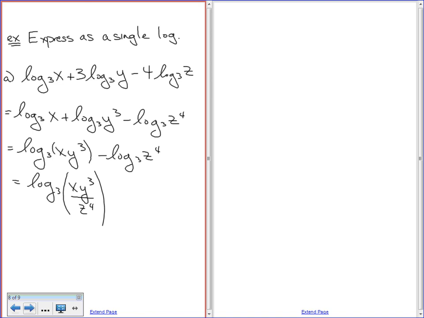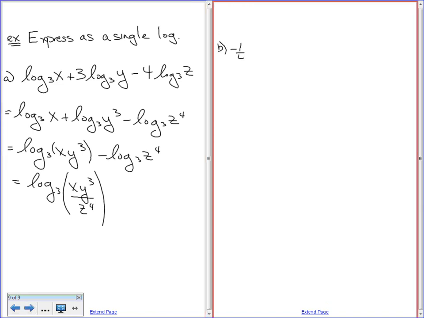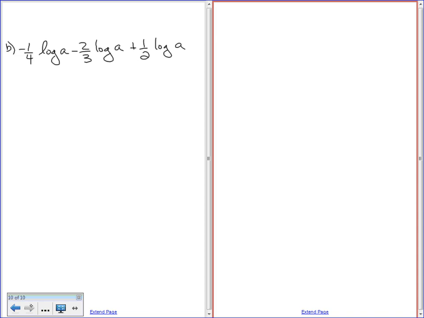Okay. Any questions? Okay, so let's try a harder one. In order to use the laws of logarithms, the first 2, the addition and the subtraction, you can't have any coefficients other than 1 in front of your logs.